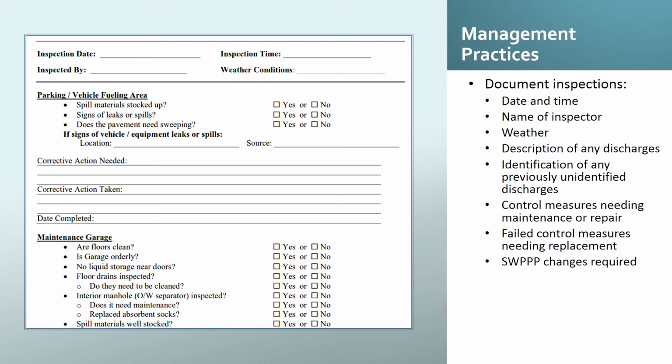And also whether the SWP needs to be updated, if you notice that during your inspection. So if new activities were added to your facility that would require a SWP change, or if you have new control measures, that might require an update. There are specific things that will trigger the SWP to be updated.